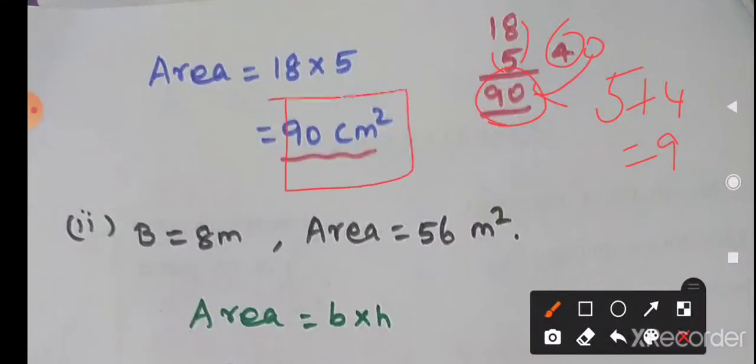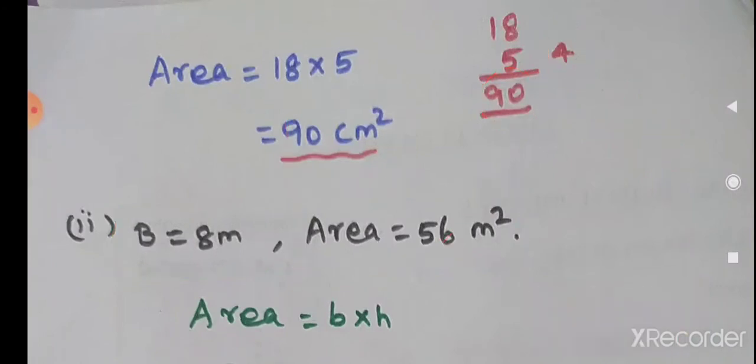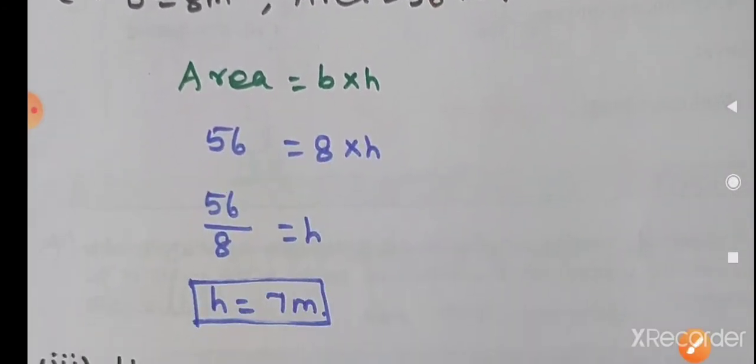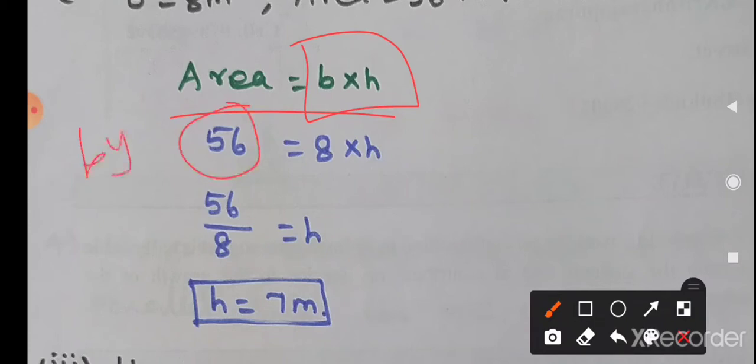The second sum, breadth is 8 meter and the area is 56 meter square. Find the height. Area formula is B into height.